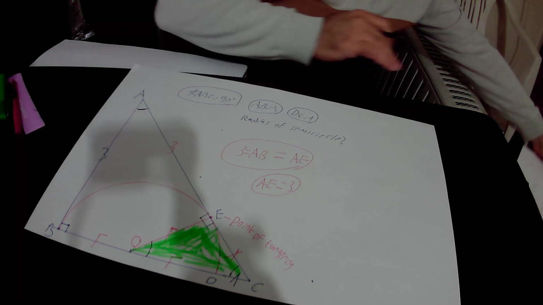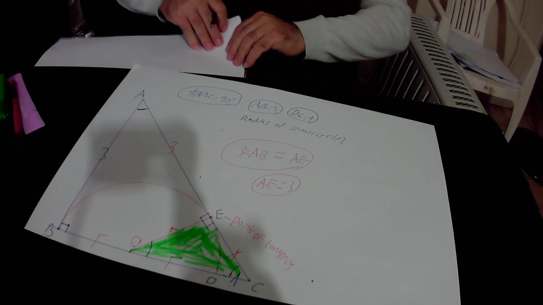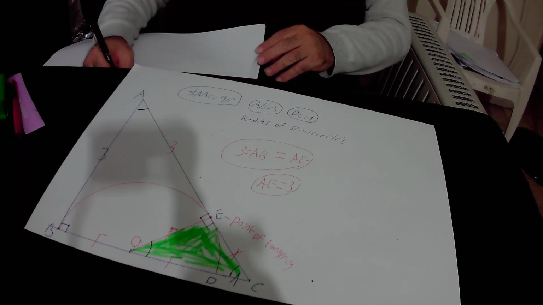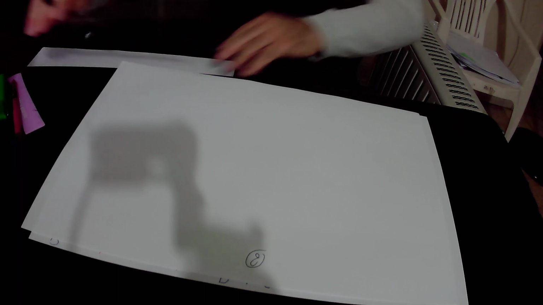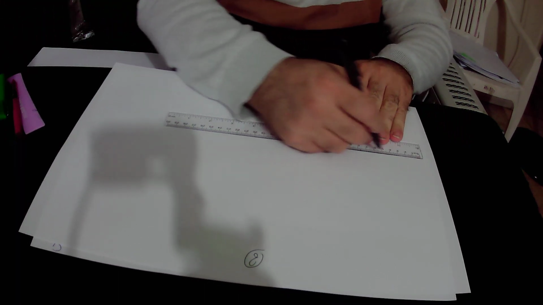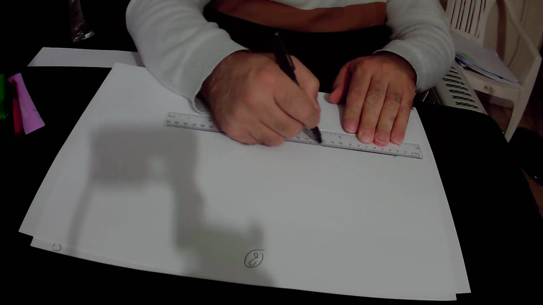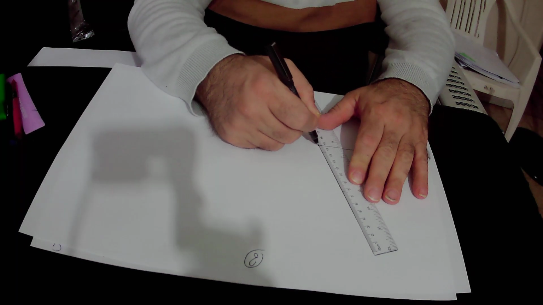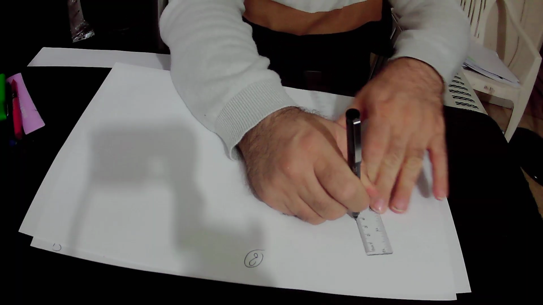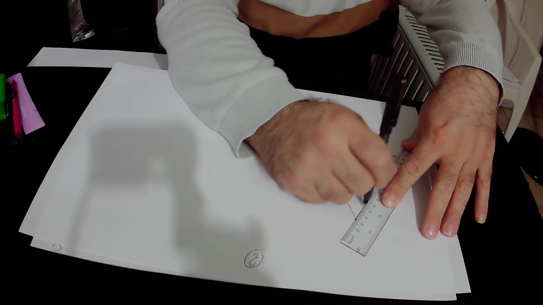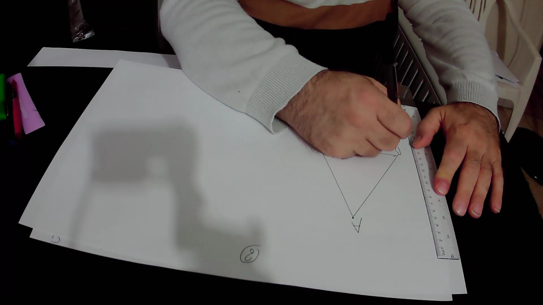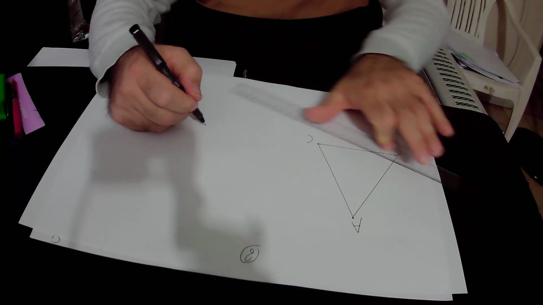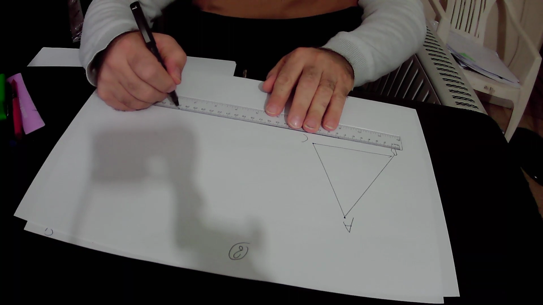The meaning of the third angle theorem is that if you have two triangles, this is triangle ABC, and we have also another triangle, triangle DEF.